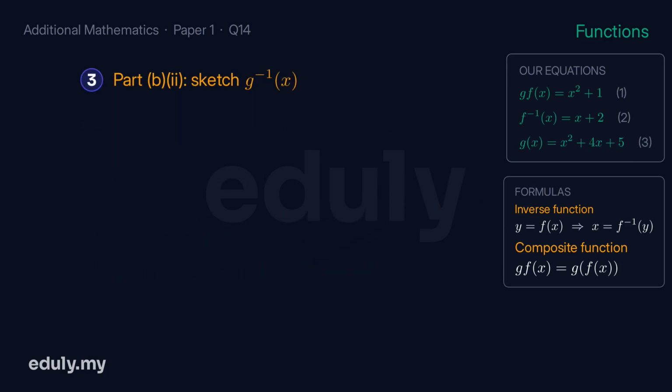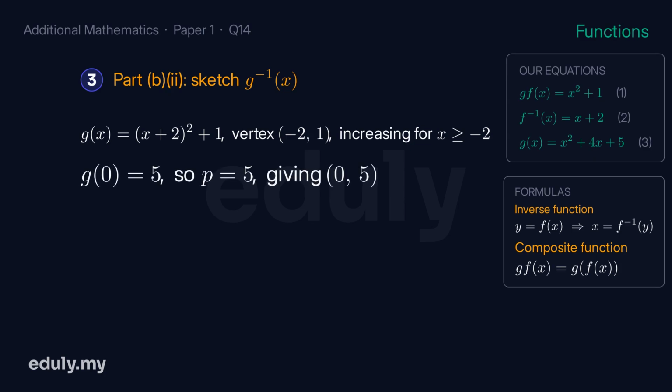Step 3. To sketch g inverse, first read the key features of g, then reflect them in the line y equals x. In vertex form, the lowest point is negative 2, 1, and the branch shown is increasing for x at least negative 2.